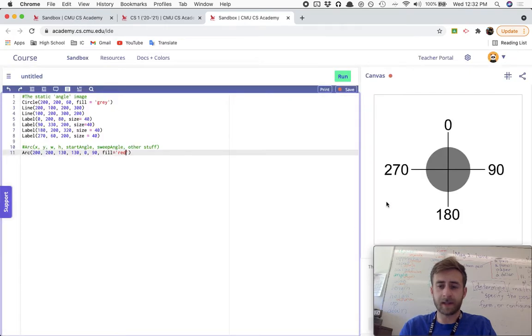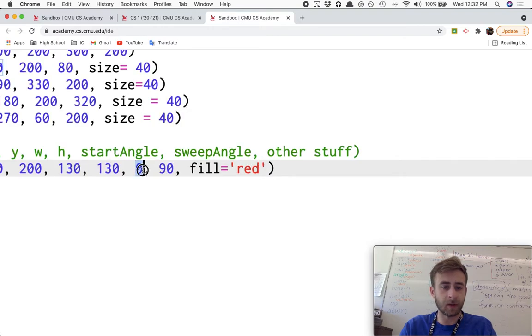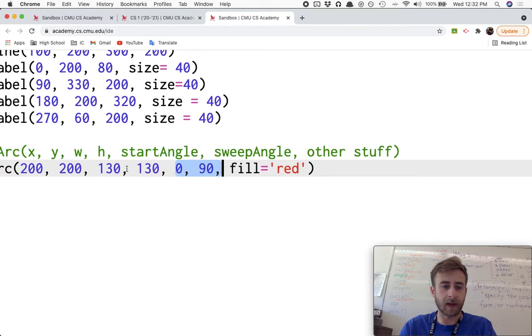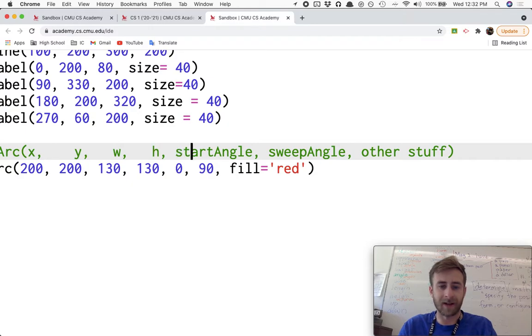Now when I run it, I had my start angle at 0, my sweep angle at 90, right? X at 200, that's the X. Y at 200, that's the Y. Maybe I'll have these commas all line up so it's a little easier to see what we're doing.